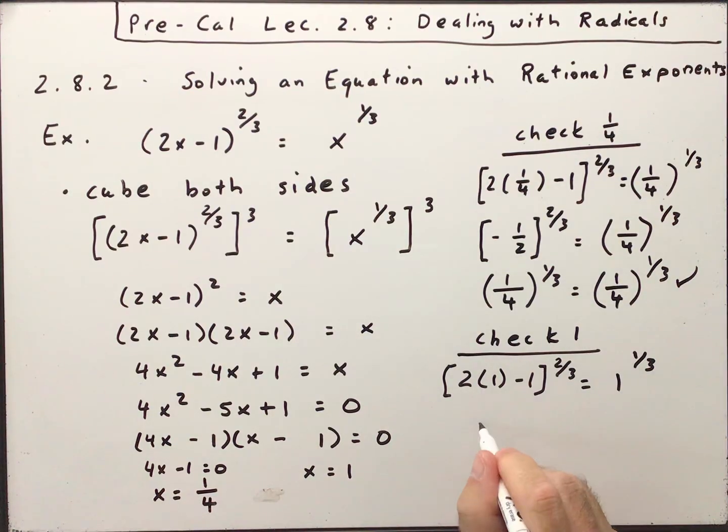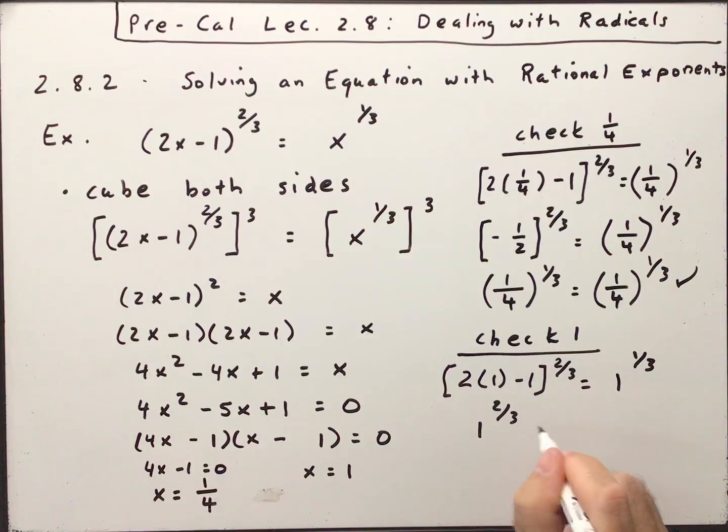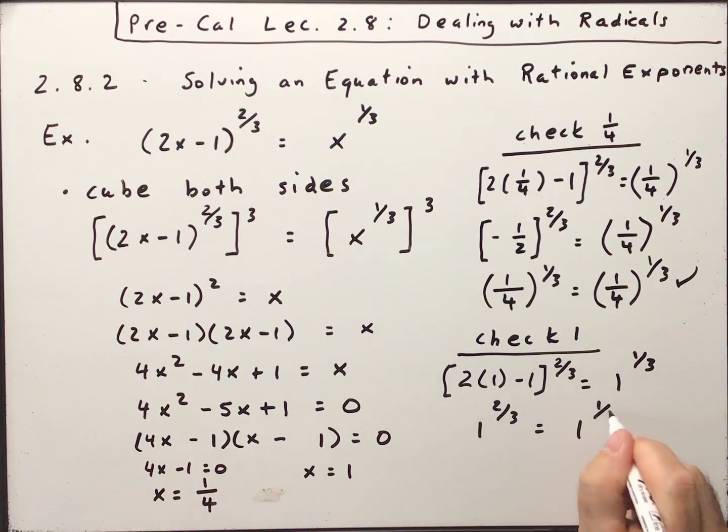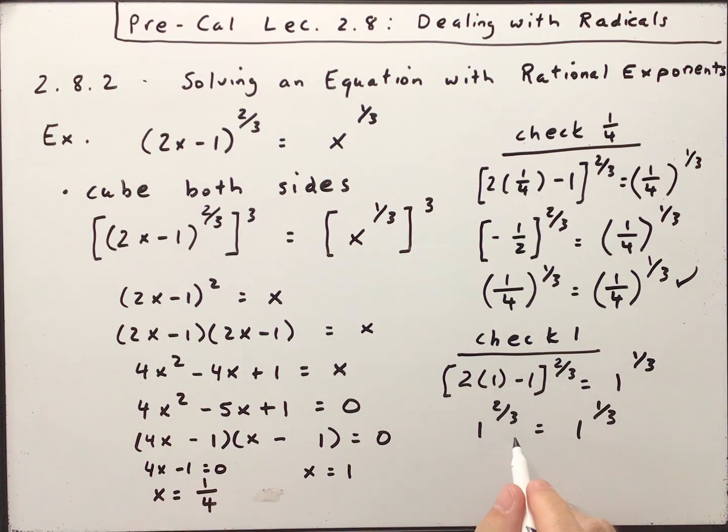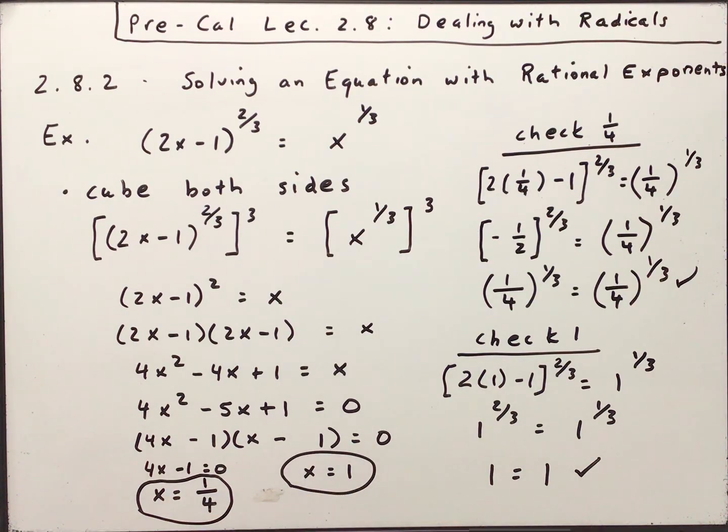So that's going to be 1 to the 2/3 is equal to 1 to the 1/3. 1 to the 2/3, that's 1 squared is 1. Take the cube root of 1, it's still 1. So they check. So both answers check. So x is equal to 1/4 and 1. So you have 2 solutions on this one.